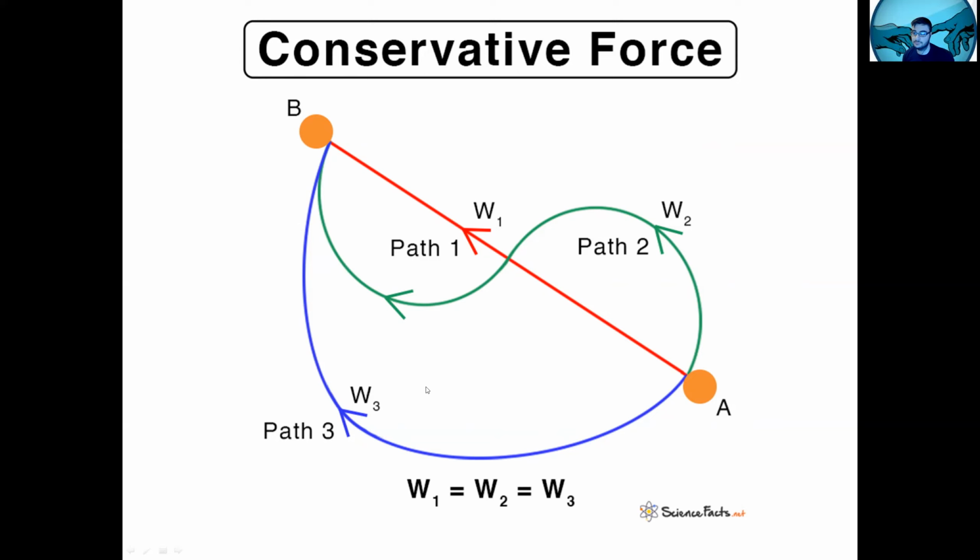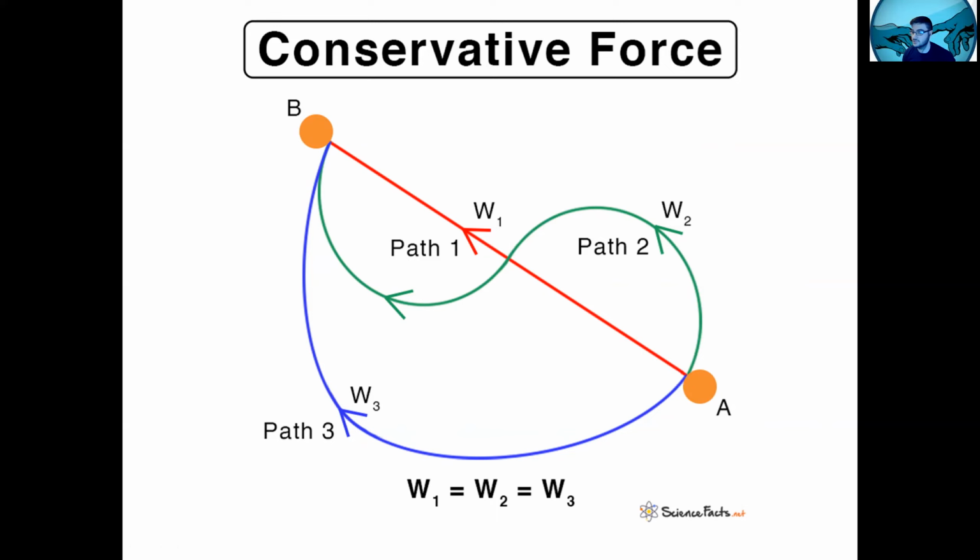Whereas, for example, applied force is a non-conservative force. Applied force is when you push something. If you took object A right here and pushed it to point B using this red path, you would be doing a certain amount of work on object A. But if, instead of pushing the object down the red path, you pushed the same object A along the green path, with all of these unnecessary curls to get to point B, you'd be doing a different amount of work.